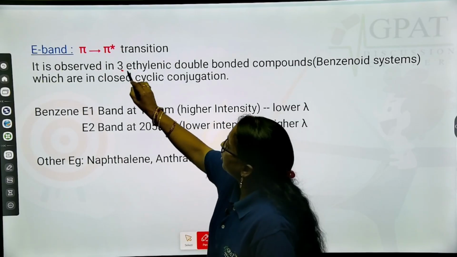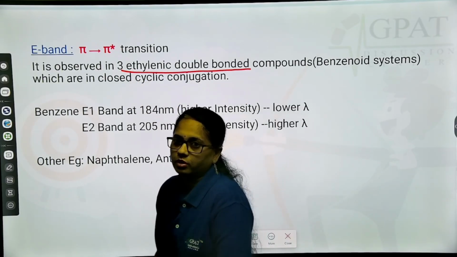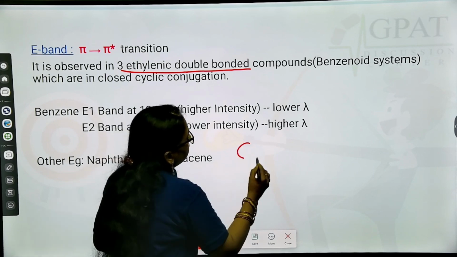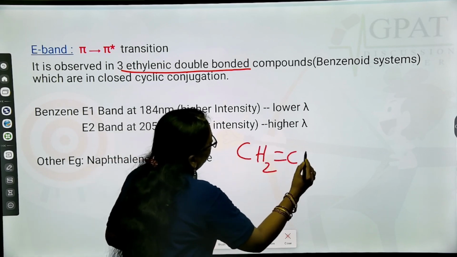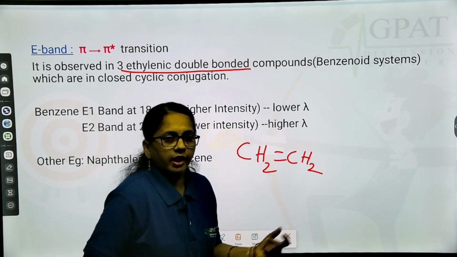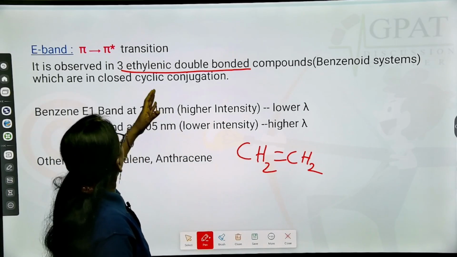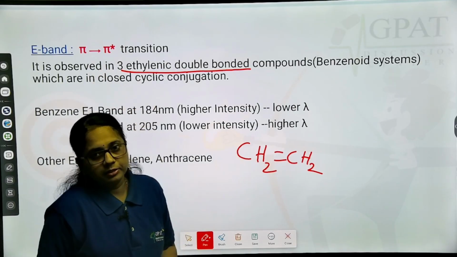It is observed in 3-ethylenic double bonded compounds, that means the CH2 double bond CH2 ethylene group. Whenever you find an ethylene group in the molecule, you are going to see the formation of the E band in that molecule.